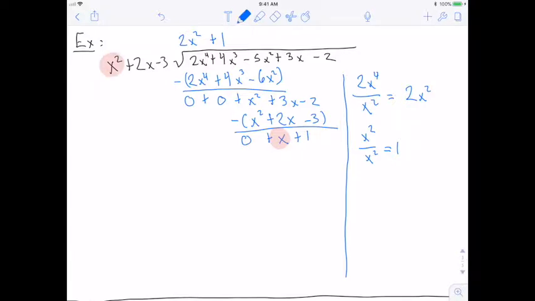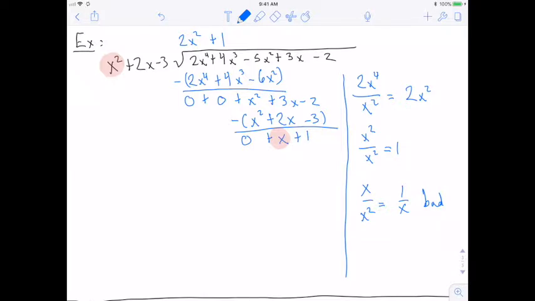But if we say, okay, what is x divided by x squared? Well, that's 1 over x, which is bad. So this means we're done. We can no longer simplify, and x plus 1 is our remainder.